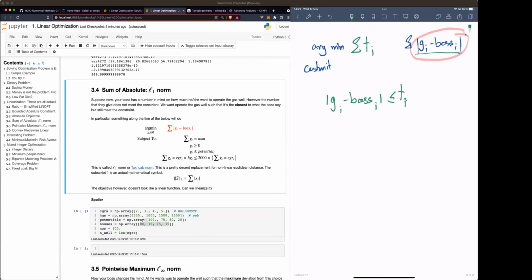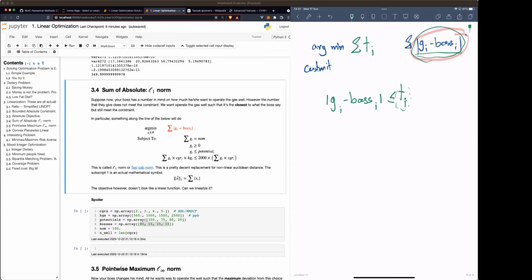I'm good so far though, right? What I did is essentially I just redefined this as a variable t. And then now we know what to do with it.